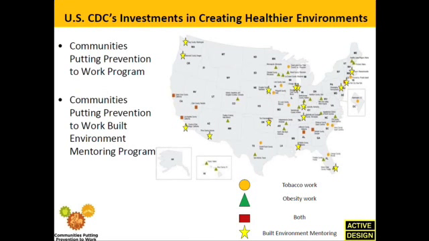About 40 of those 50 communities or local jurisdictions are working on obesity issues, about 10 on tobacco issues. Of the 40 communities working on obesity issues, about 30 of them are specifically addressing the built environment.